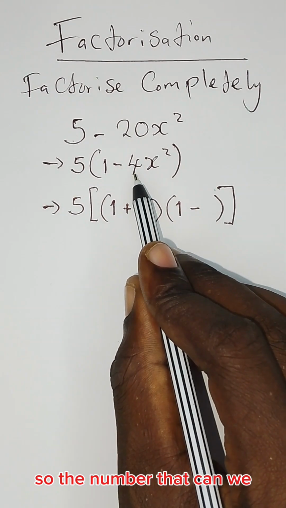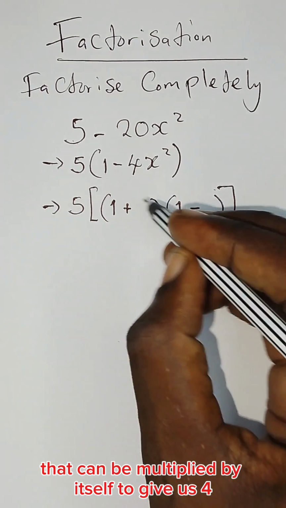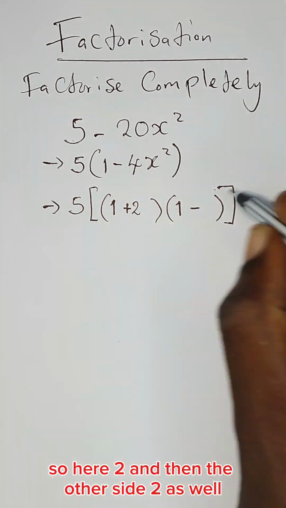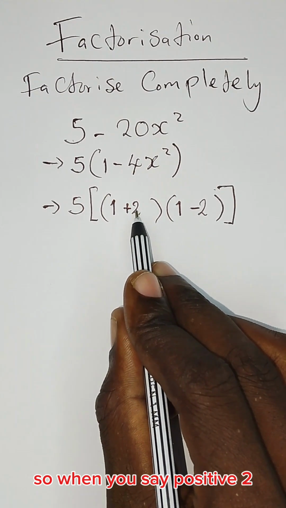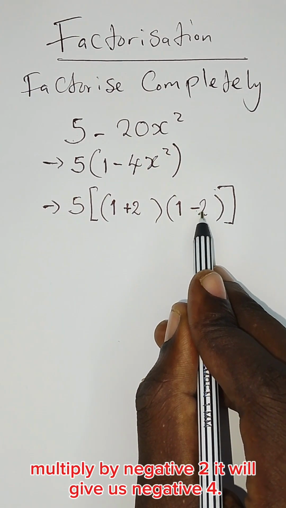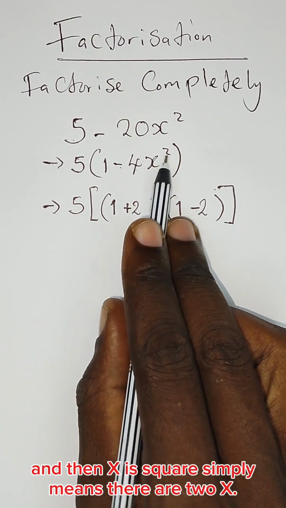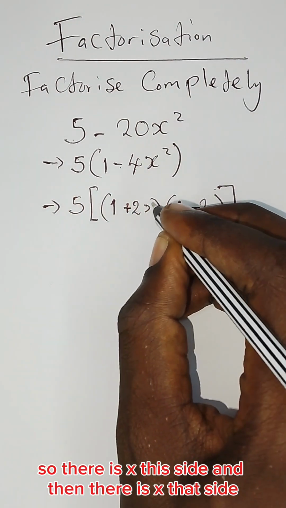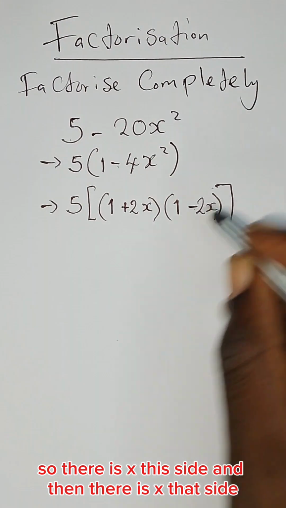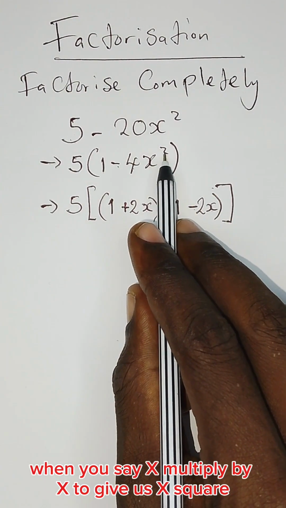The number is 2. So here 2, and the other side 2 as well. Positive 2 multiplied by negative 2 will give us negative 4. And x squared simply means there are 2 x. So there is x this side, and x that side. When you say x multiplied by x, it will give us x squared.